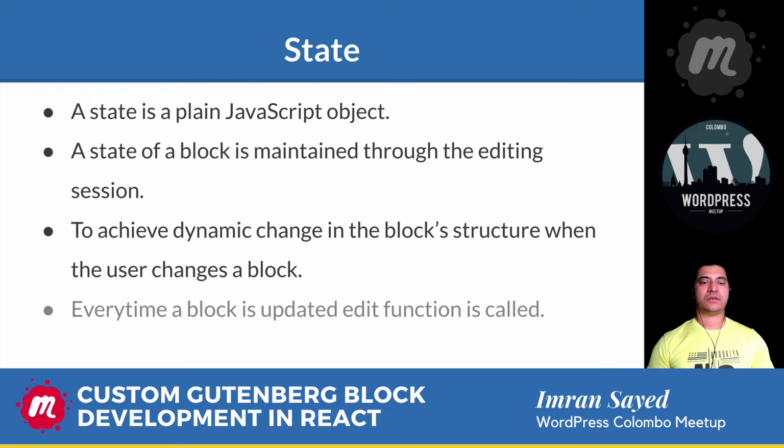Every time a block is updated, the edit function is called, which means if the user types anything, interacts with it, the edit function gets called. Many of you who have worked with React would already know about the render function, right? So think of this edit method as your render function, which gets called each time the state changes.